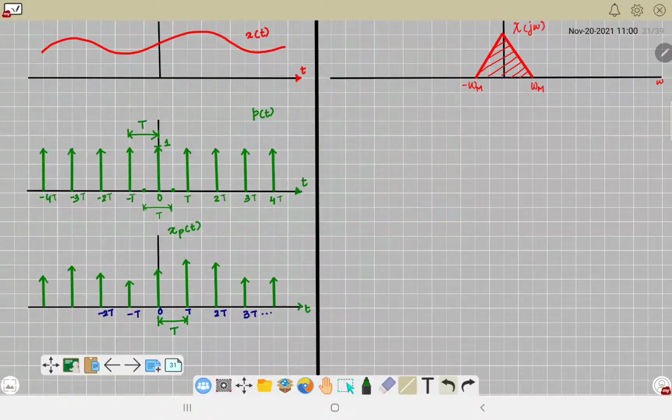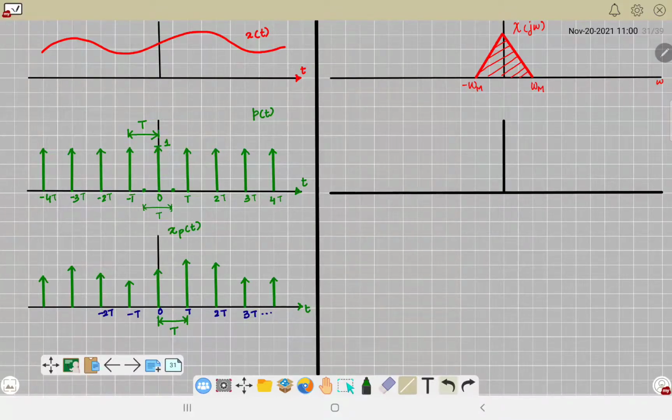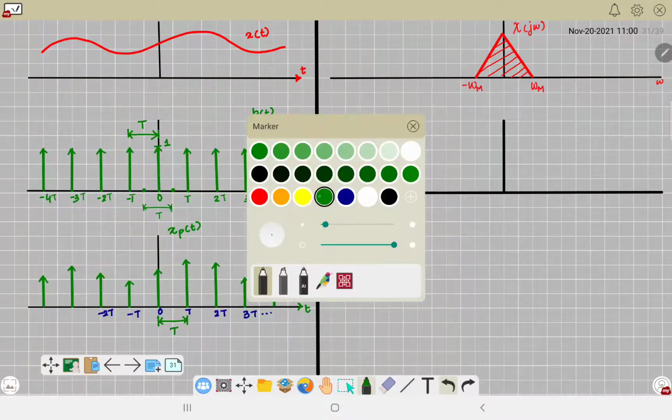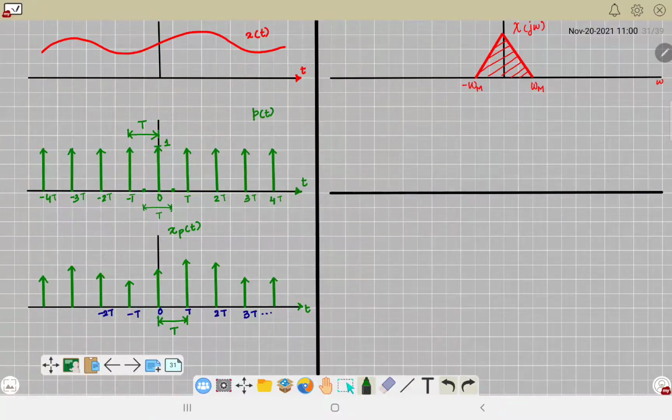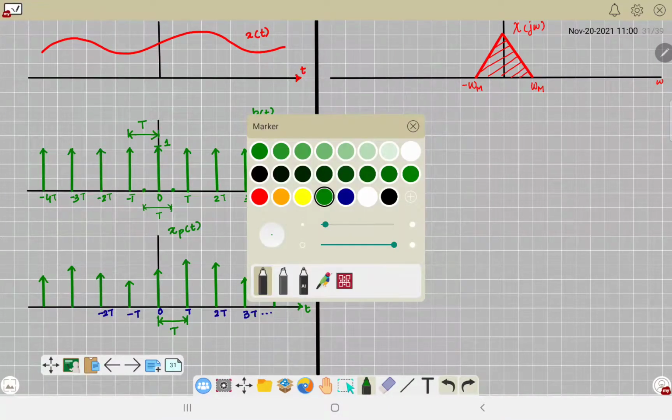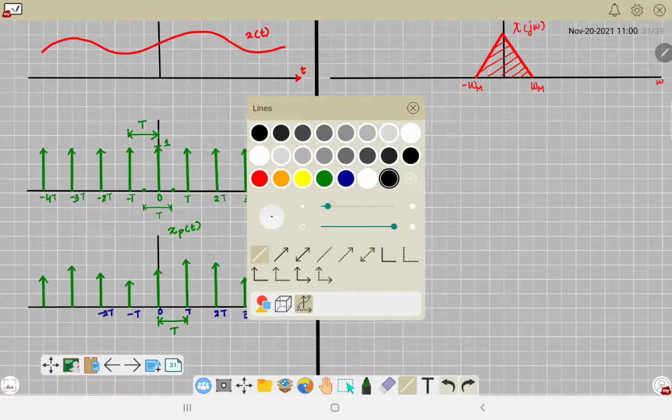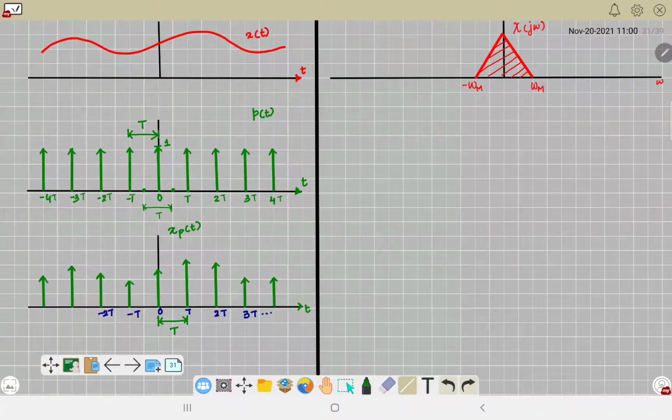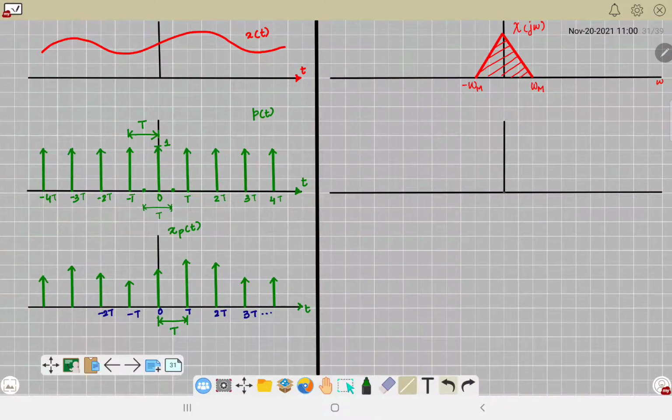So if I try to express it graphically, let's go here and see what it will look like. This is my central point. Let's be consistent with the width, just a second. Here to here, and then like this.